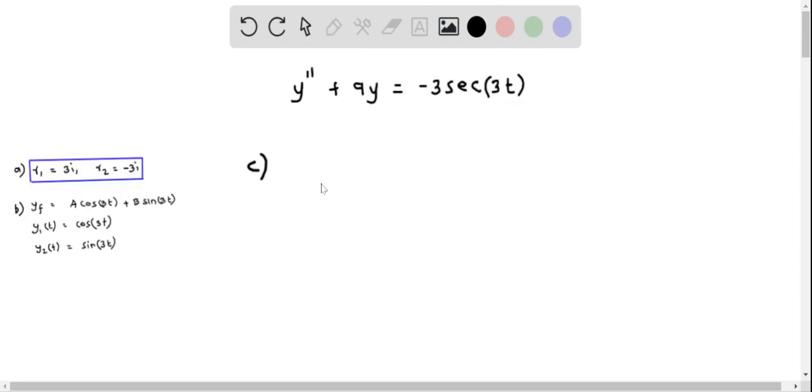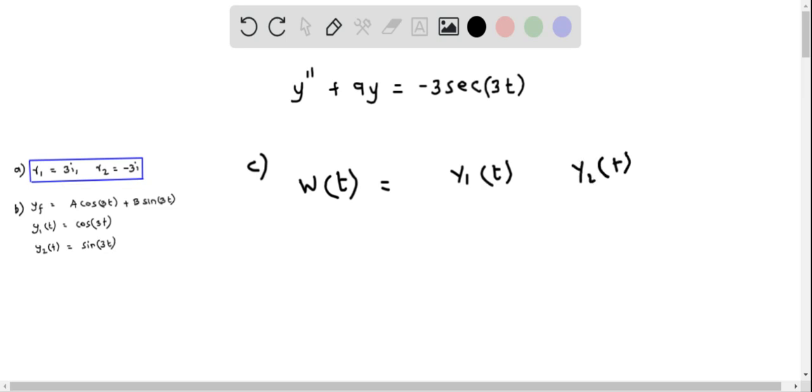In part C, we determine the Wronskian of the fundamental solutions that we obtain in part B. So we write the Wronskian W of t, and this equals a 2 by 2 determinant. In the first row, we write y1 of t and y2 of t.